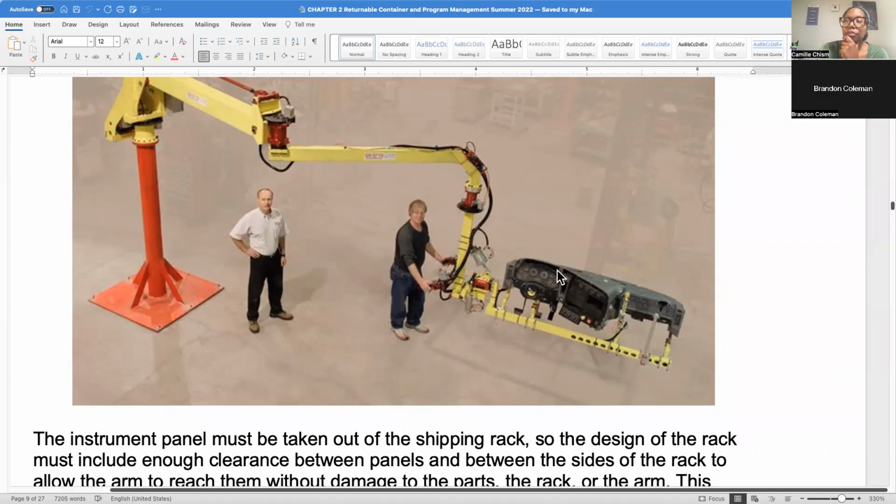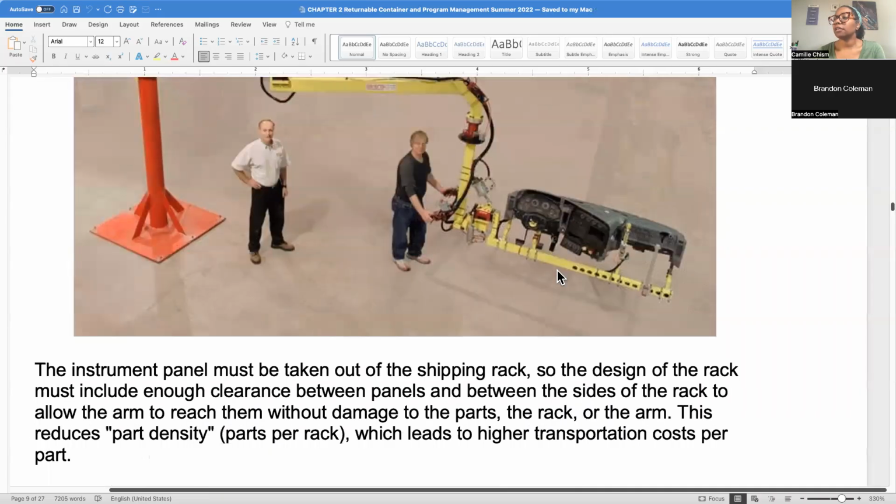So it's important to know those things as you sign off on packaging, because a lot of the packaging you might be looking at and signing off on, but their suppliers may be making it. But you have to keep in mind, okay, well, this is designed for lift assist at my plant, but on their end, they may not be able to pack it into that same pack because they're doing it by hand. So, those are just some of the things that you have to keep in mind.